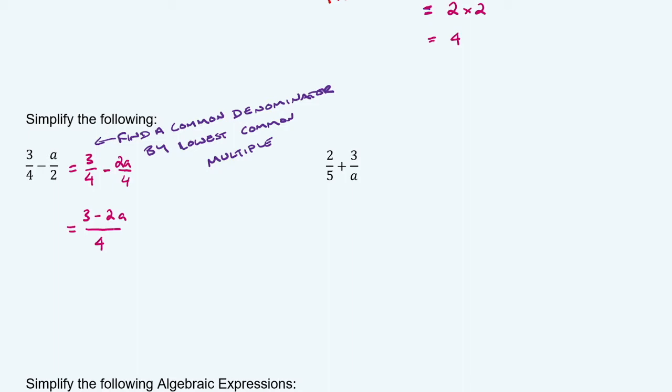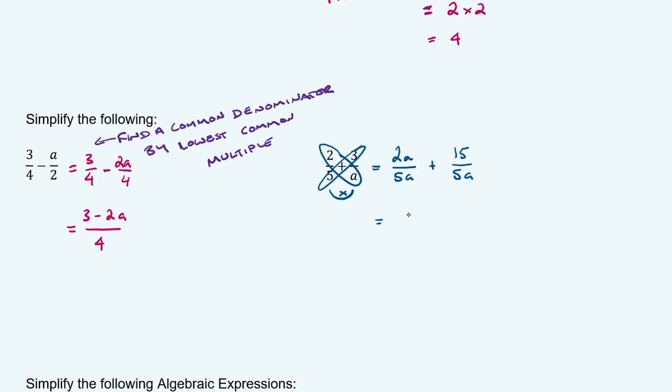Next up, we're going to do the same thing. Now, it's a little bit trickier to get a lowest common multiple. So I'm going to show you the cheap and nasty smiley face trick where we multiply these guys together, and we're going to get 5a and 5a, and then we're going to multiply those guys together. Gets me 15. Multiply those guys together. Gets me a.